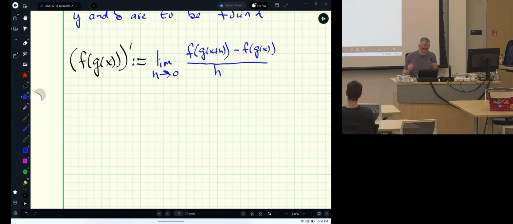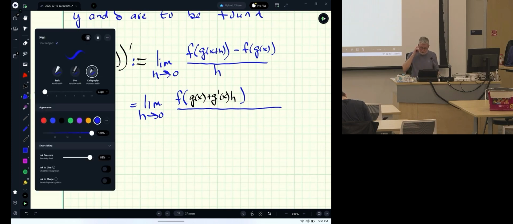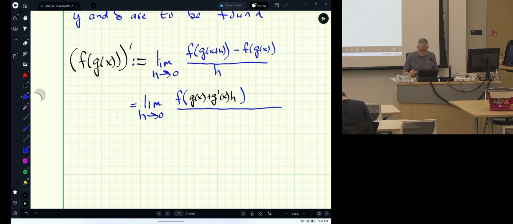Okay, now for g of x plus h, I'm going to plug in its linear approximation. So f of, and I'll write it out so it's more distinct. Okay, so I use the linear approximation of g about x to evaluate g of x plus h for h small.